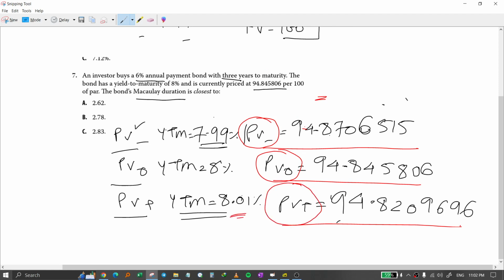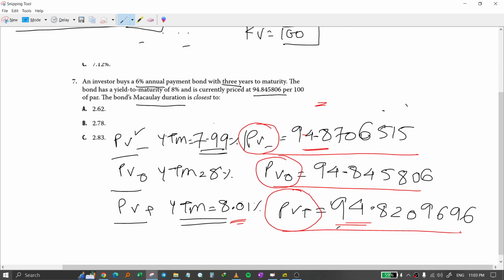Now, you can easily understand that when interest rates had fallen, the price of the bond had increased, right? And when the interest rate rose, we can see that the price of the bond fell. This is what you basically interpret from this.